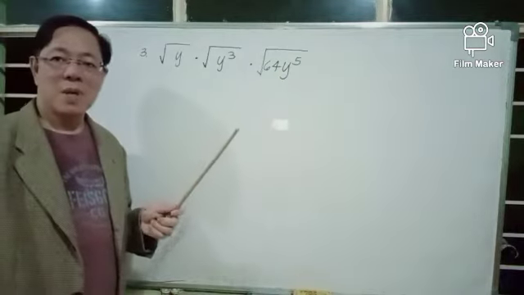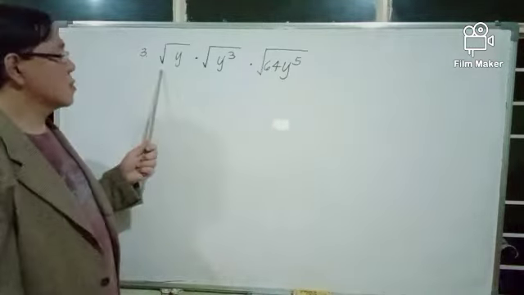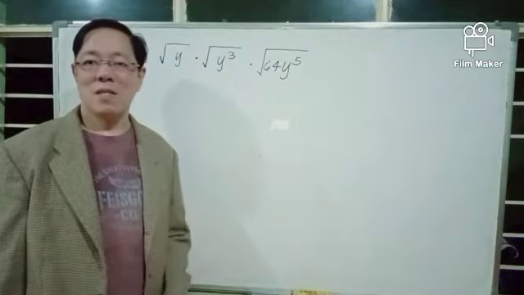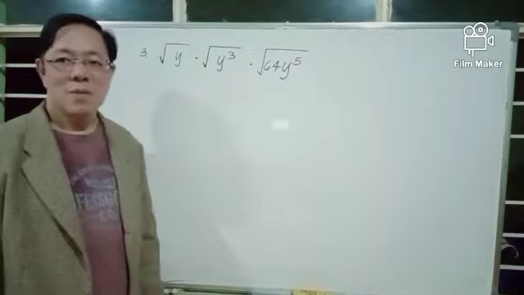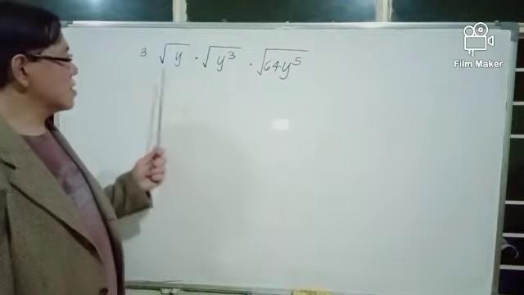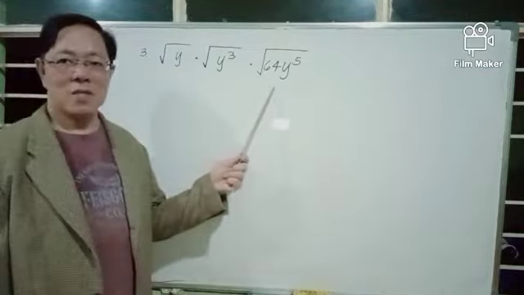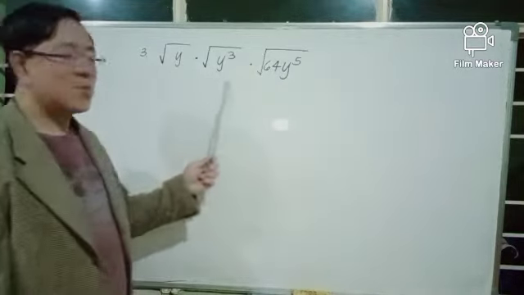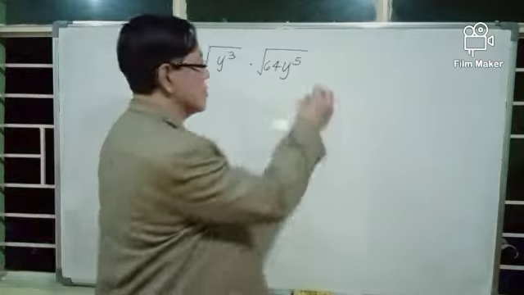We apply the second property of radical to write this product of three radical expressions as a single radical expression whose index is the common index of these three radical expressions. And the common index is 2. So this product is equal to the square root.